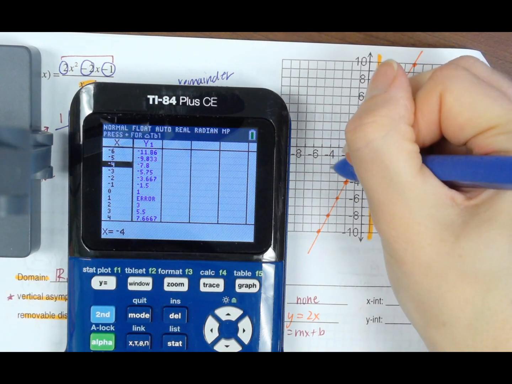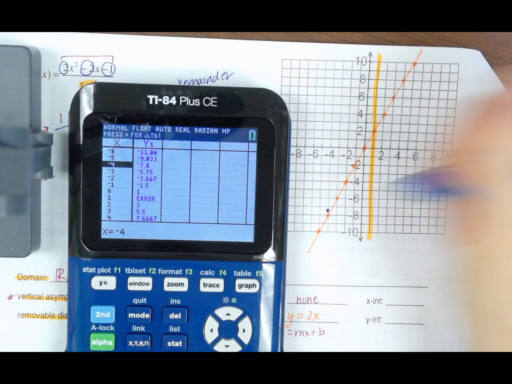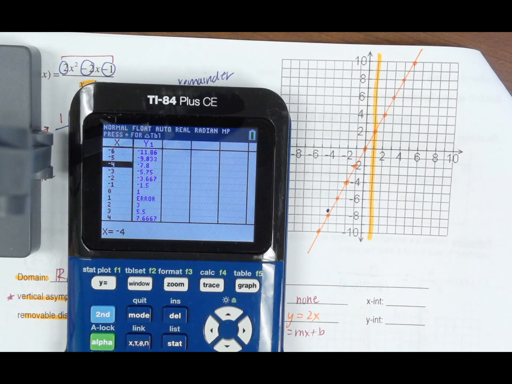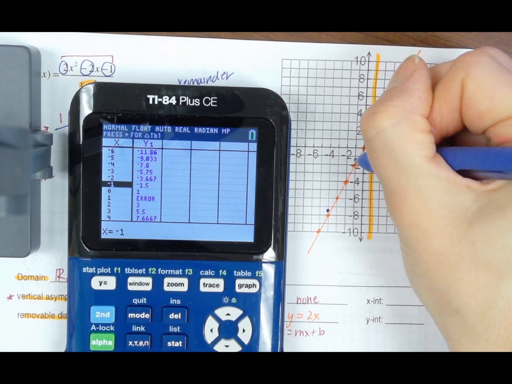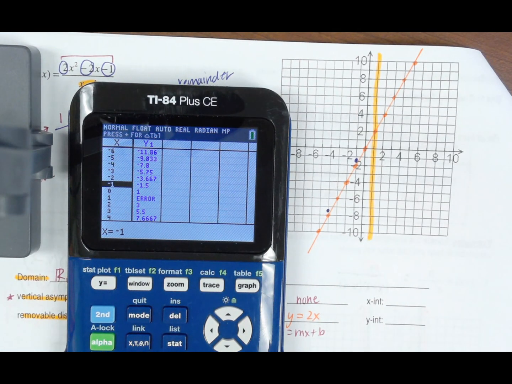So -4, it's almost to -8. -1, -1.5, that's not bad. But see how close it is to that line? And if you're not precise when you graph this, like if you don't use a ruler and if you don't put those points all the way across, it's going to be kind of messy because these points are going to be real close together.